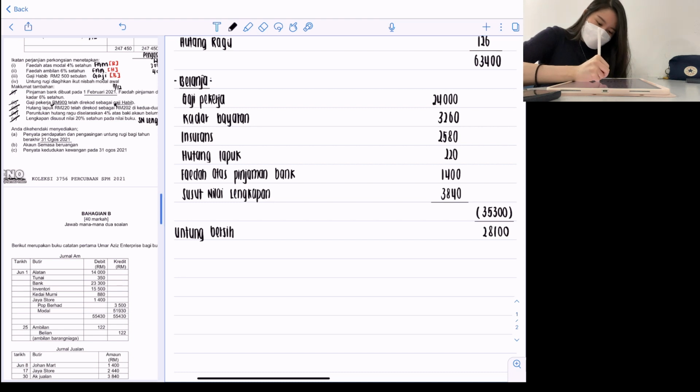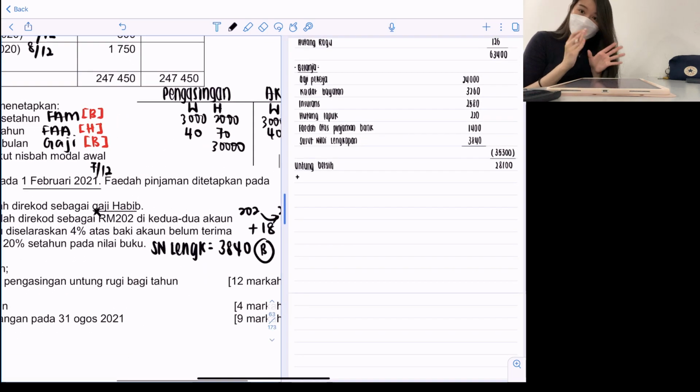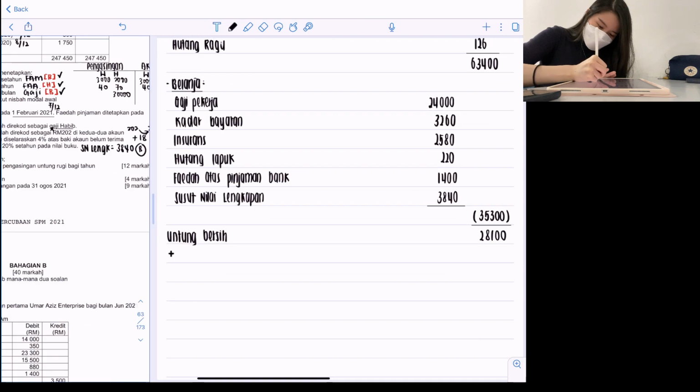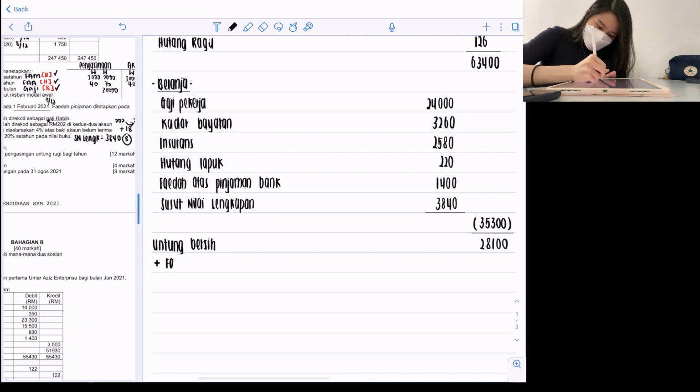So you could just straight away add what? Here, from our table, we have one hasil, right? And two belanja. These are the things you have to bring in. So we start from faedah atas ambilan. You want to show your working, go ahead and show it. But if you really have no time, it's fine to leave it out.